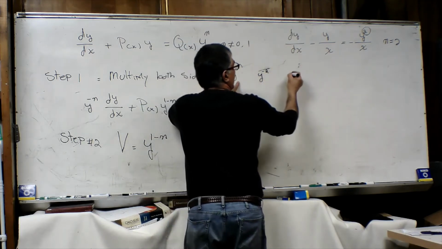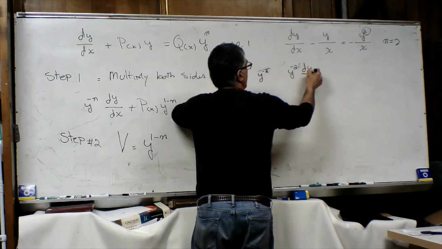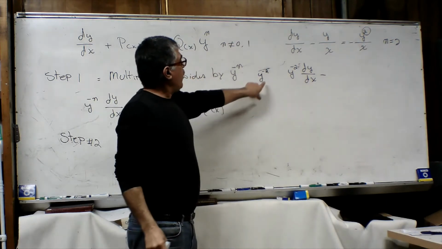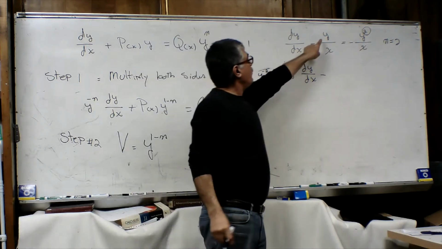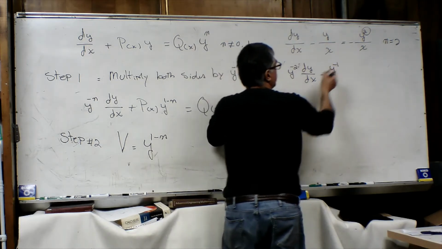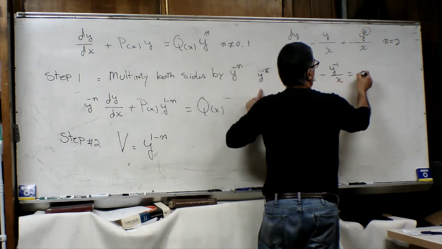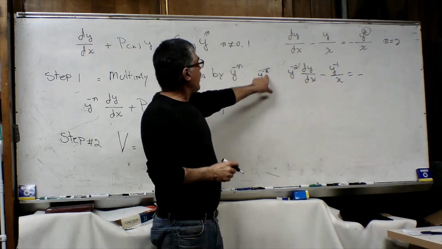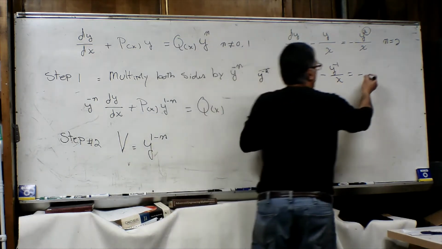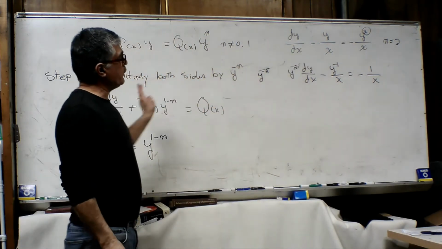If we do that, we are going to have y to power minus 2 multiplied by dy over dx minus y to power minus 2 multiplied by y, which is y to power minus 1, over x equal to minus y to power minus 2 multiplied by y to power 2, which is 1, so minus 1 over x. So this is our first step.